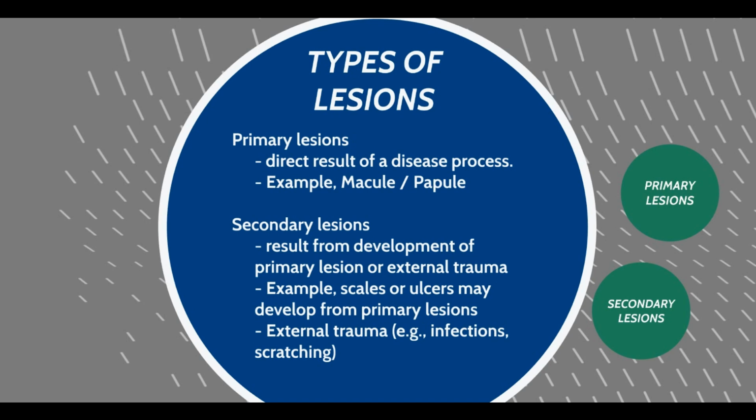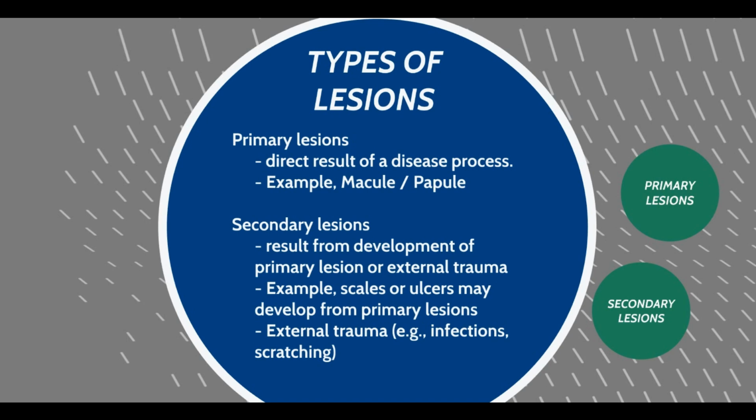A primary injury is the direct result of the disease process. And examples that you can think of are macules or papules, and we'll talk about those shortly. However, secondary lesions result from the development of a primary lesion and its after effects, or they are also products of external trauma.